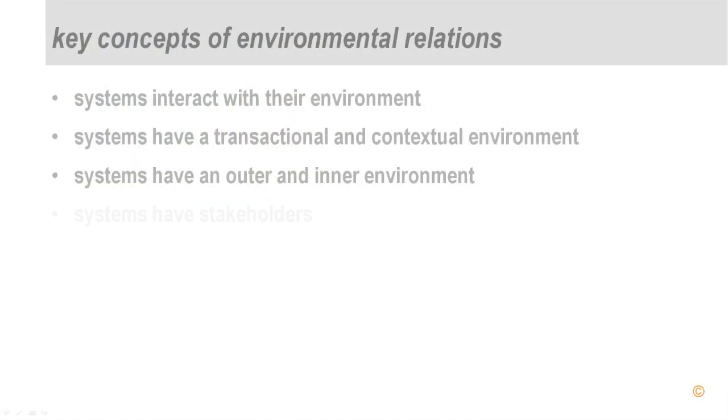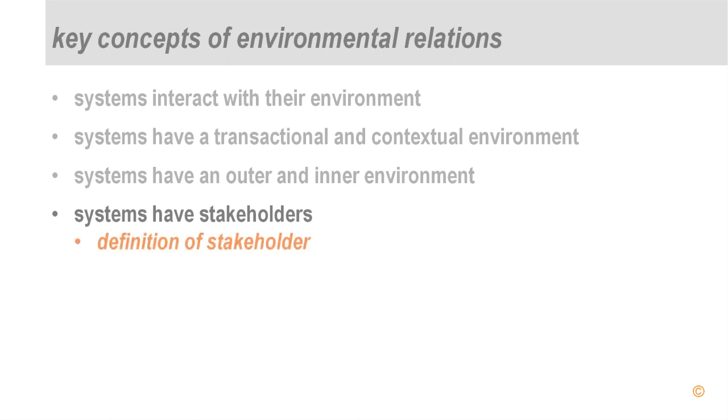Systems also have stakeholders. The definition of the stakeholder roughly is a system that is impacted on by the system of focus, or a system that impacts on our system of focus. The stakeholder is typically a functional concept. If I give the example, in the public sector one often hears the community is a stakeholder.